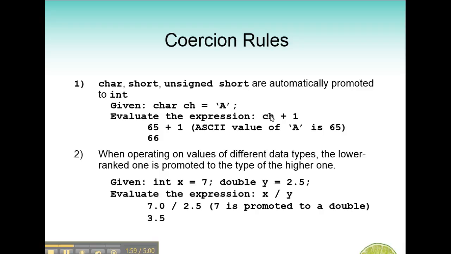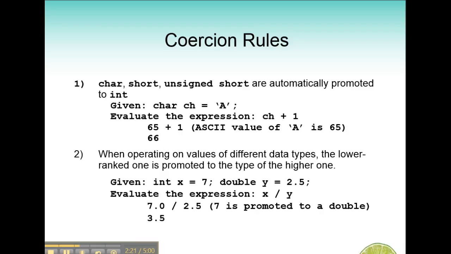When it promotes it to an integer, it'll promote it to its ASCII equivalent that we talked about in the last chapter. And you can find this in the appendix in the textbook. But capital letter A's equivalent is 65. So that would actually perform a calculation like this, 65 plus 1, and it would evaluate to 66.